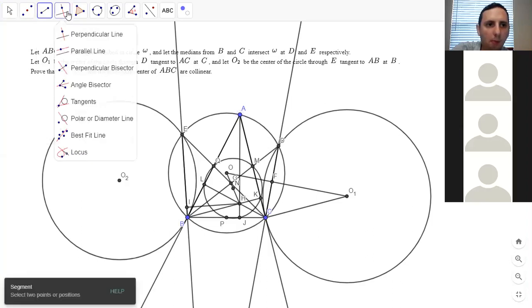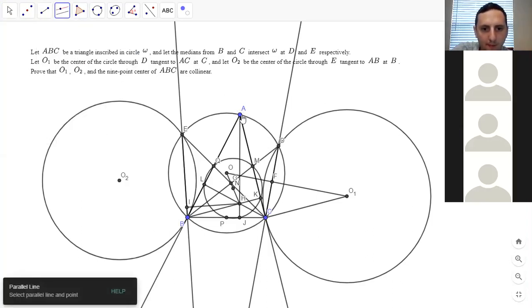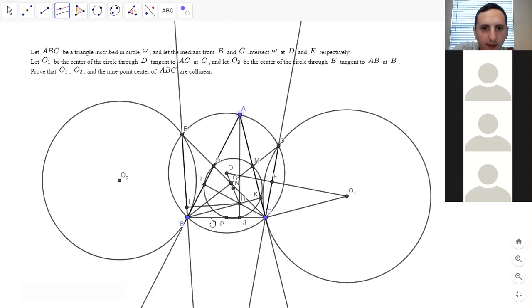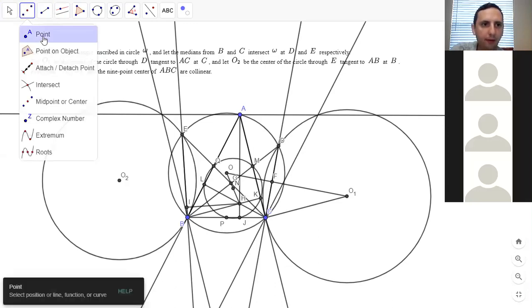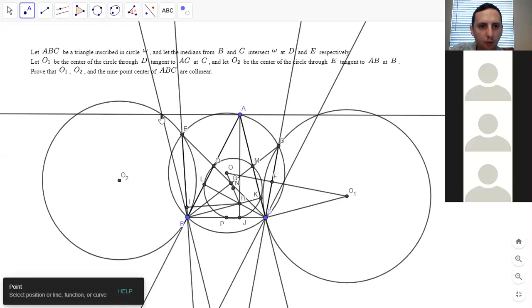So what if I, this is just a guess, but I want to make H the center of a circle. So I'm gonna, this is looking interesting. So these look like they concur. So basically, I draw a triangle.